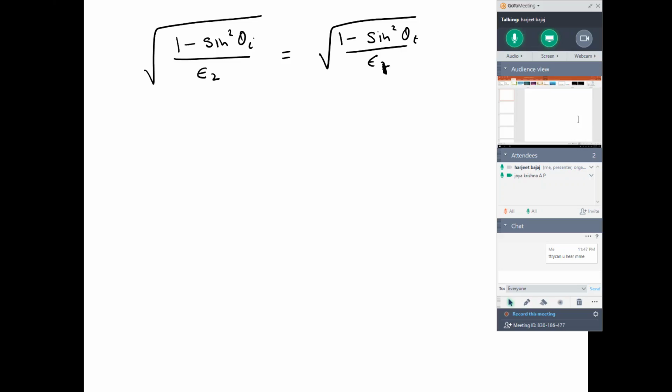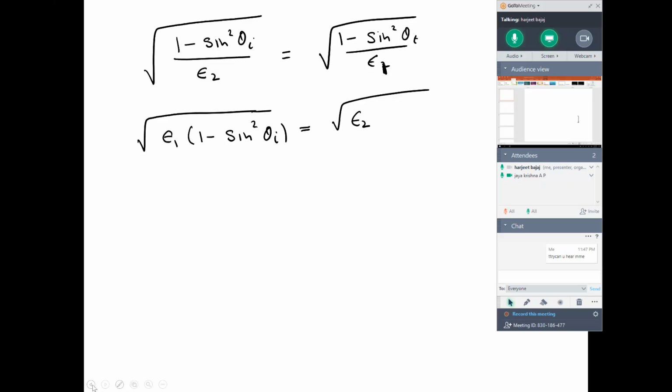And I can turn things around. I will get square root of ε₁, 1 minus sin² θᵢ is equal to square root of ε₂, 1 minus sin² θₜ.